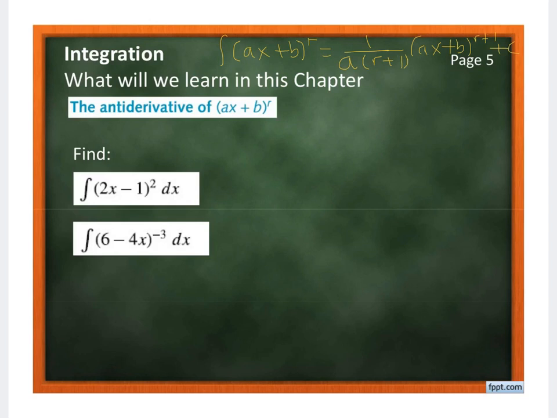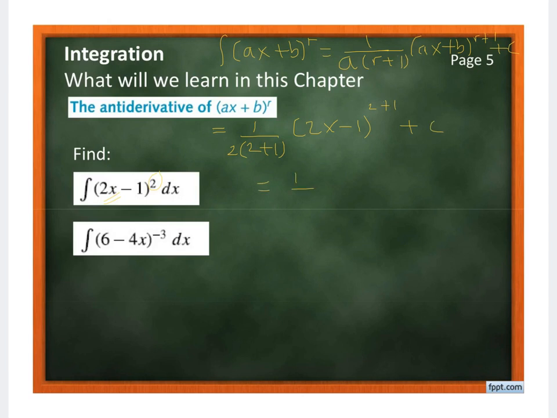Okay, for number 1, equals 1 over a, this one the a, this one r, 2x minus 1 to the 2 plus 1, plus c.